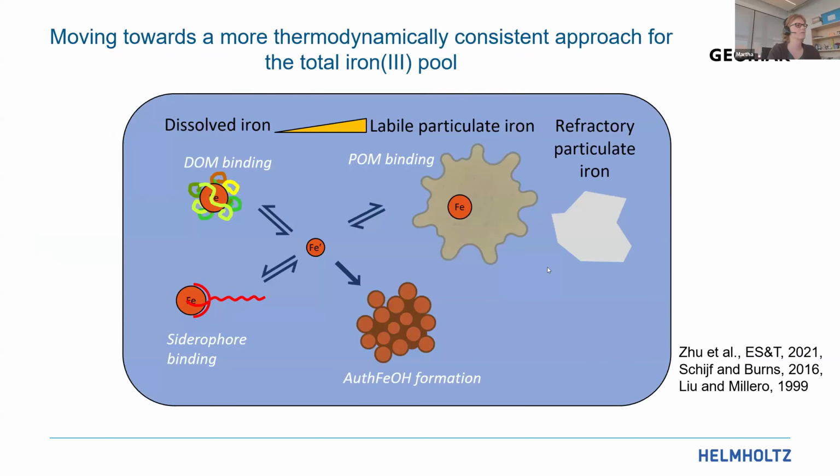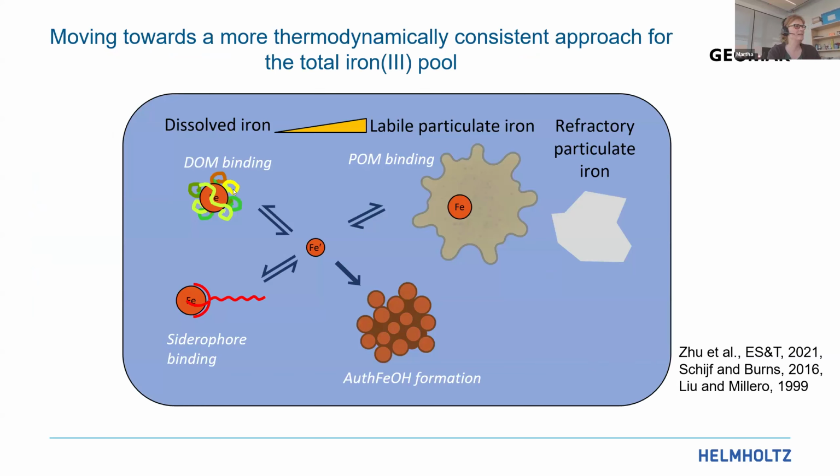I'll come to a bit more of that. So we're going to move towards a more thermodynamically consistent approach for modeling the total iron 3 pool. So we've still got our iron pool, going from dissolved iron to labile particulate iron, but now we can put some actual chemical arrows, some double arrows that go either way to indicate equilibrium, and some single arrows to indicate non-equilibrium processes, which is the orthogenic ion formation.